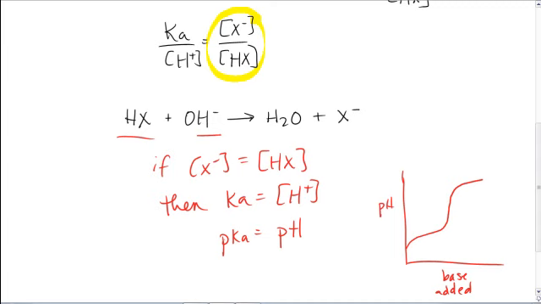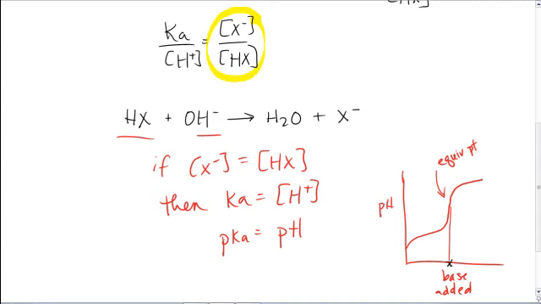Equal amounts. Because here's my equivalence point. Halfway along the curve. That's exactly right. Halfway. Halfway along the curve.